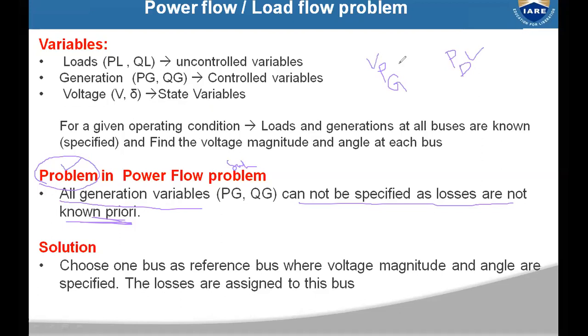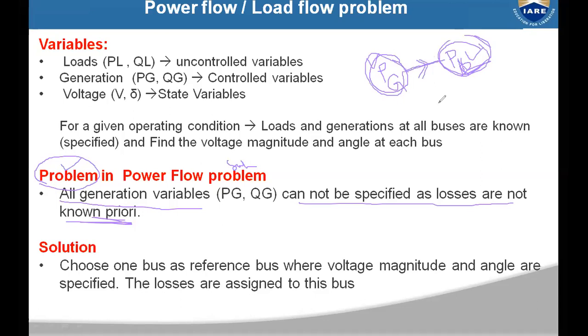This generated power will be transmitted to the load, PL, through the transmission lines. If you know how much load is there, you can generate that much power at the generating station and transmit it through transmission lines.